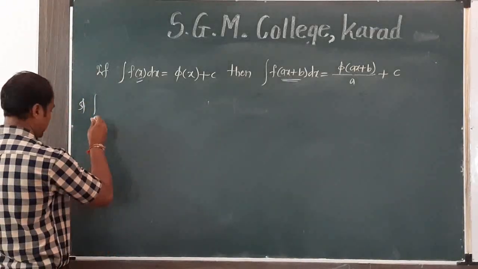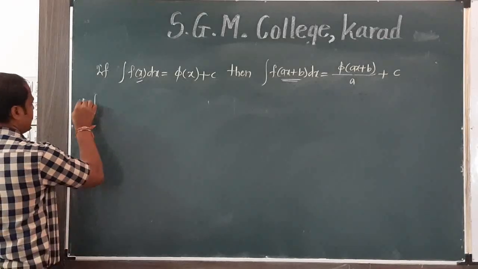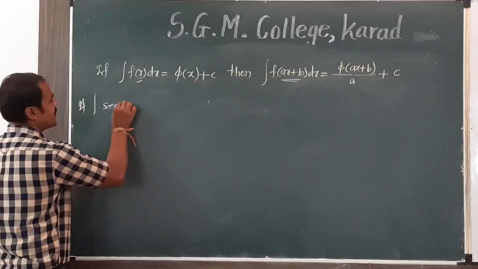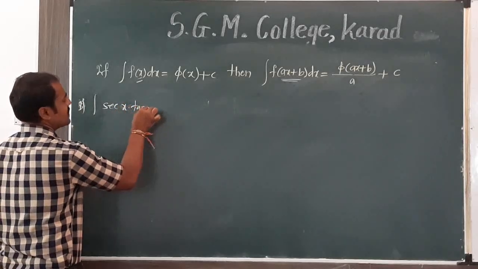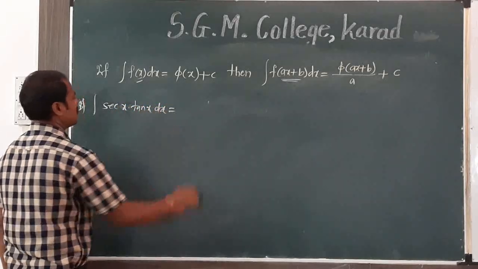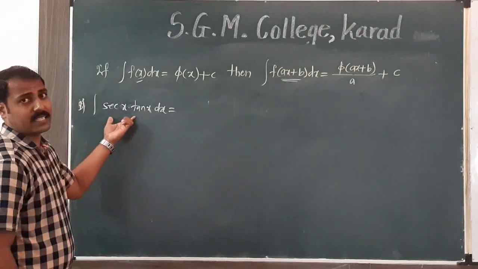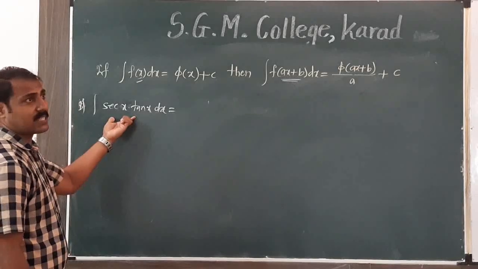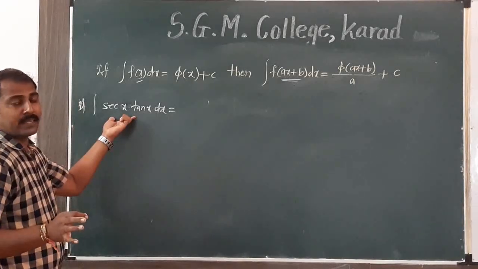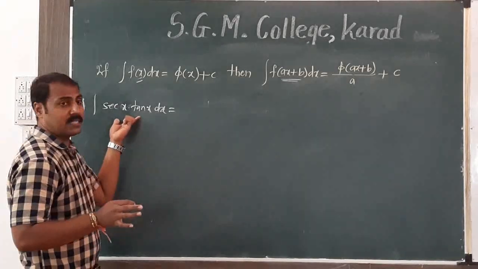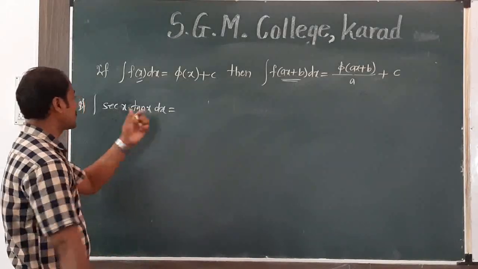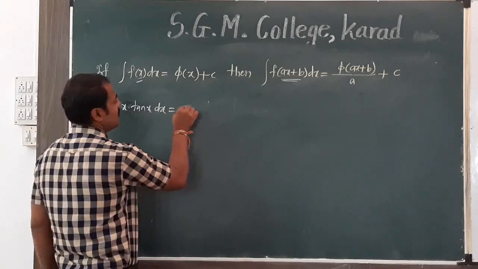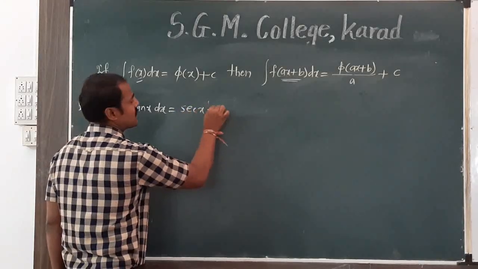Integration of sec x into tan x dx is equal to, whose derivative is sec x into tan x? The answer is, derivative of sec x is sec x into tan x, and we know that integration is the inverse process of differentiation. So integration of sec x into tan x dx is equal to sec x plus c.